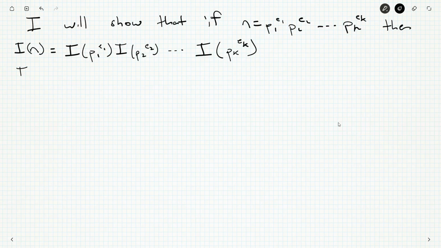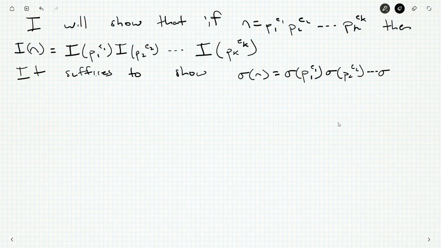So, as I already remarked, it suffices to show sigma of n is sigma of p1 to the e1, sigma of p2 to the e2, up to sigma of pk to the ek. Okay, so it suffices to do that.